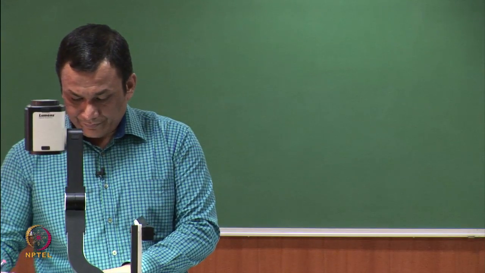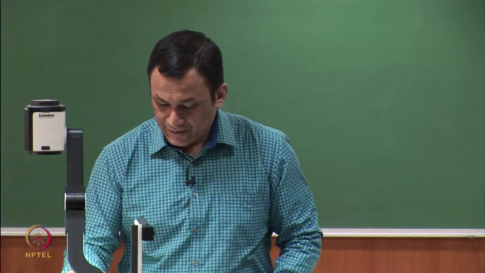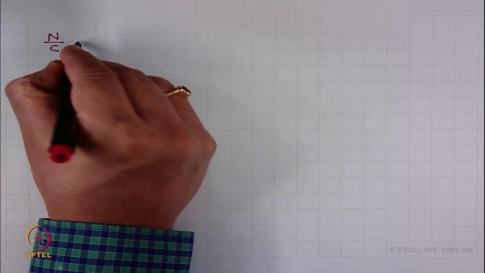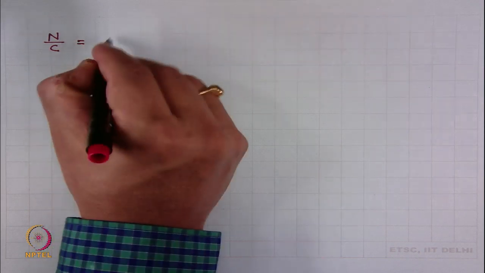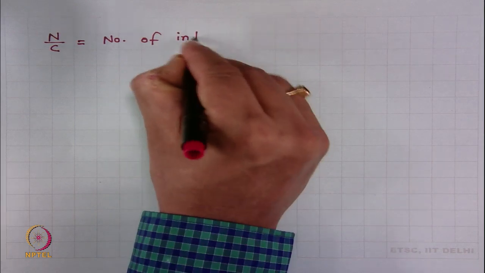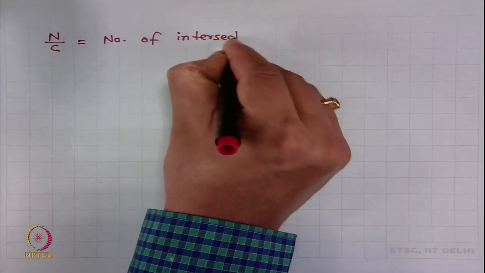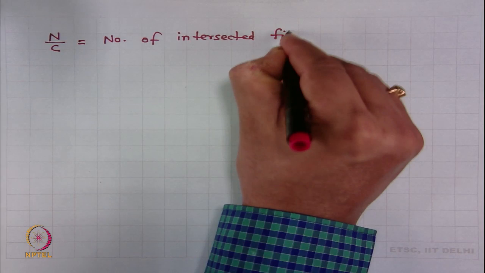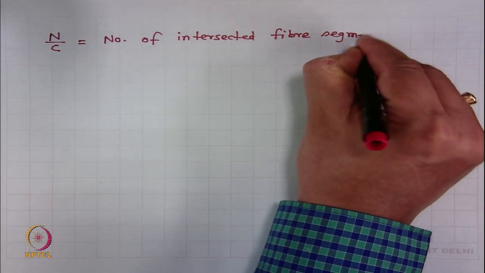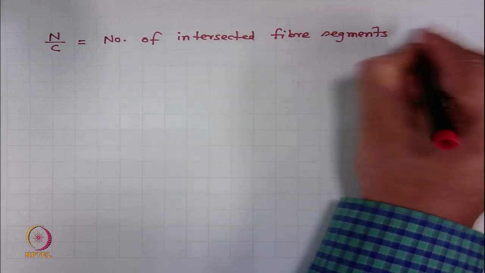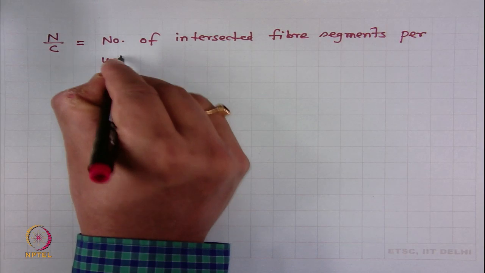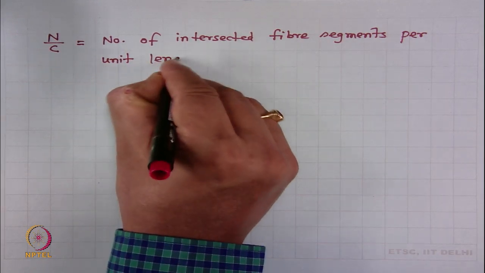So, N by C, this expression indicates the number of intersected fiber segments per unit length of the slot.